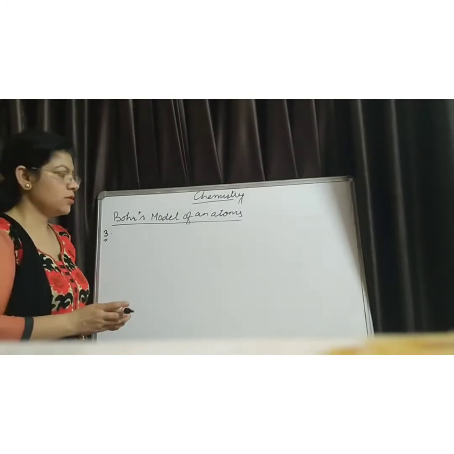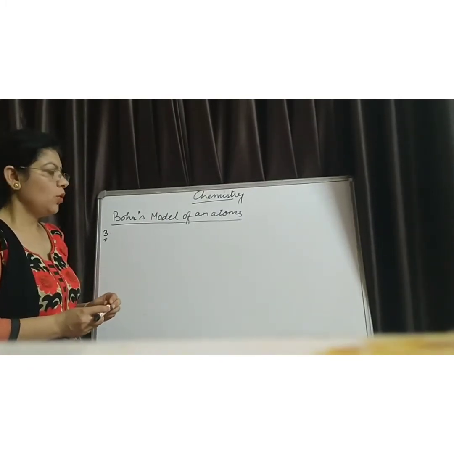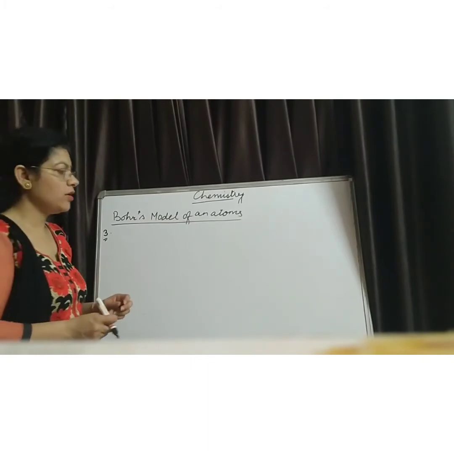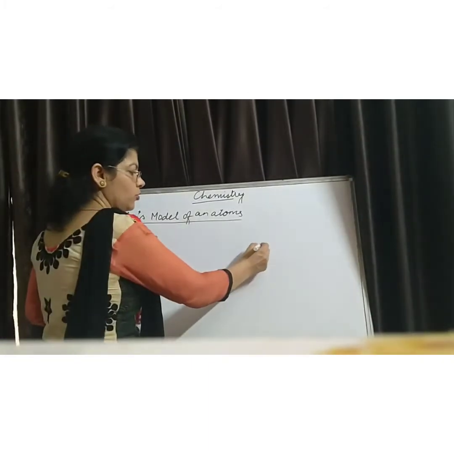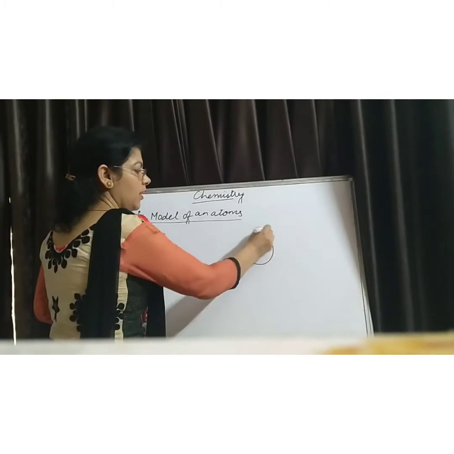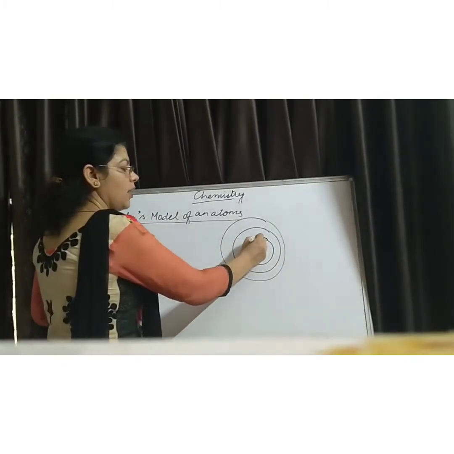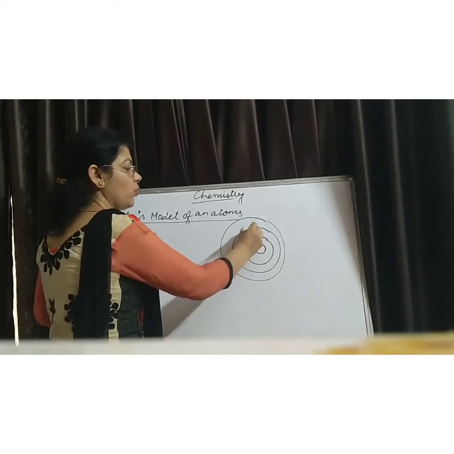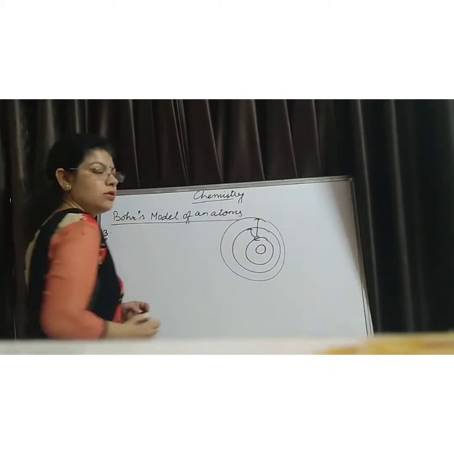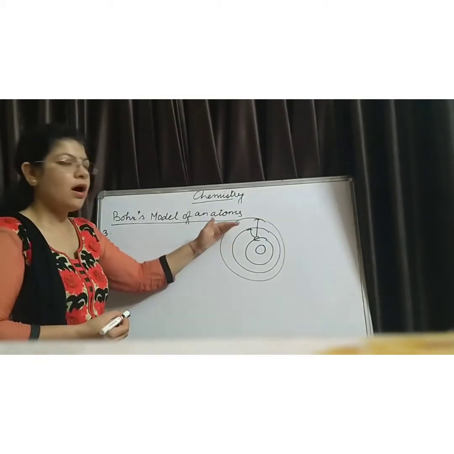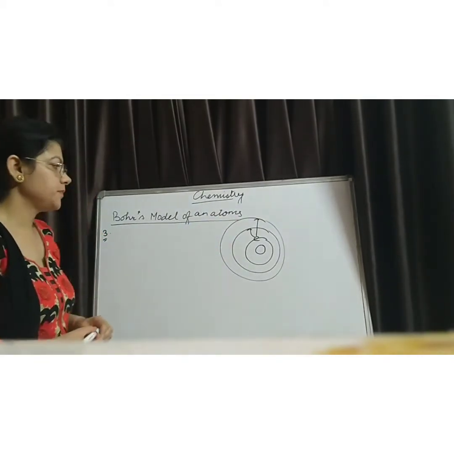Next point is, when we supply the required amount of energy to the electron, then the electron will jump into higher orbits, or into the excited state, which is having higher energy.